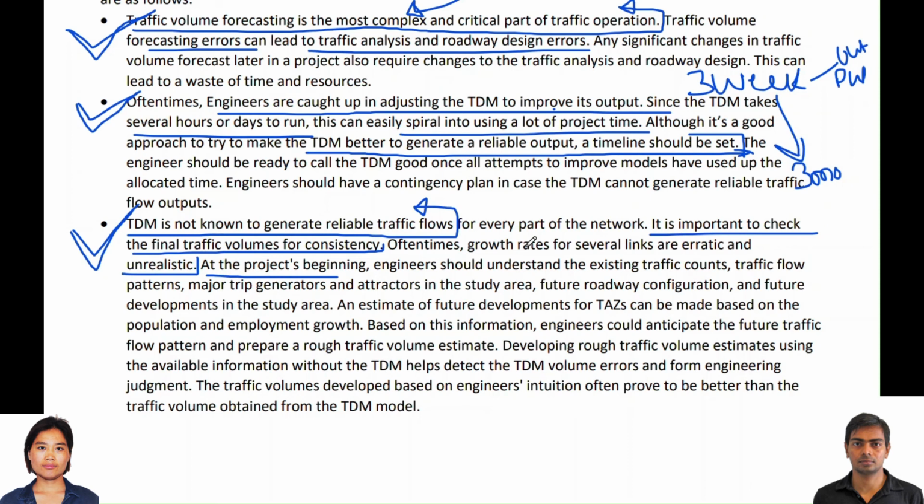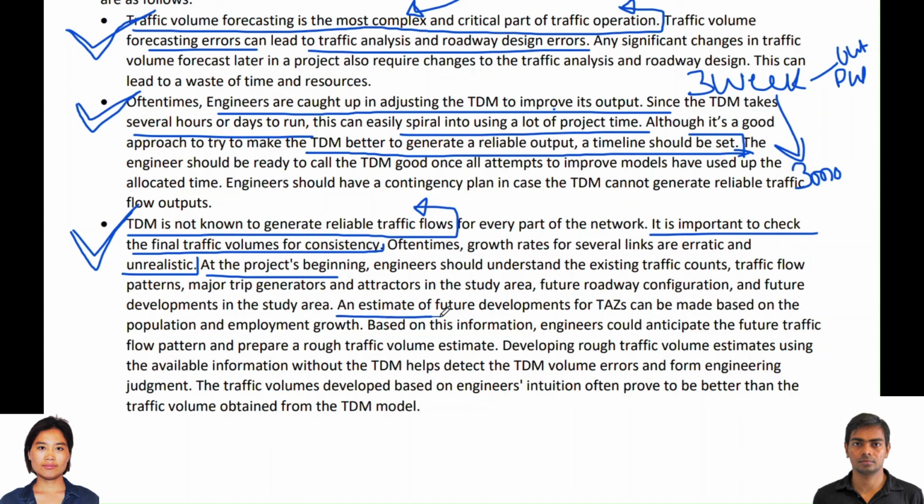Then I try to predict in my head how the trip pattern will change in the future without the travel demand model.